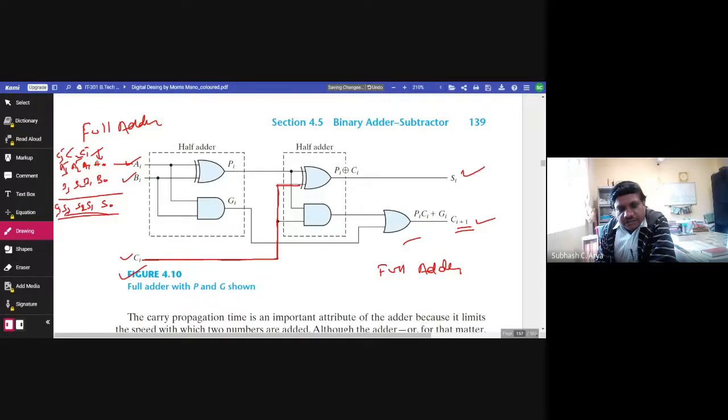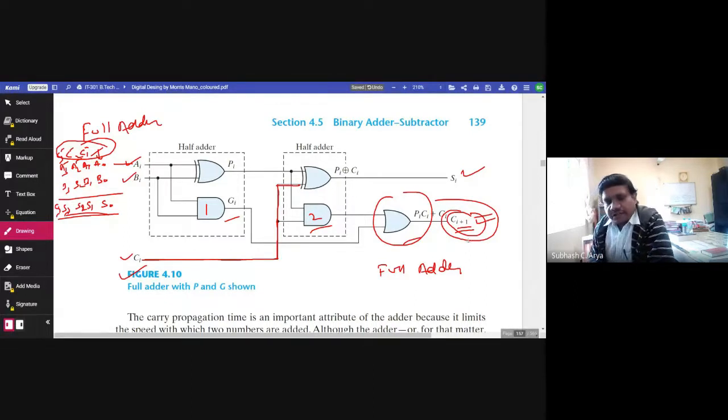Since this becomes a serial process, and in one full adder there are two gates in process, the carry is generated by passing through these two gates, and only then can we get the final carry. So the entire process becomes very much delayed, and the process of calculating the sum is delayed.